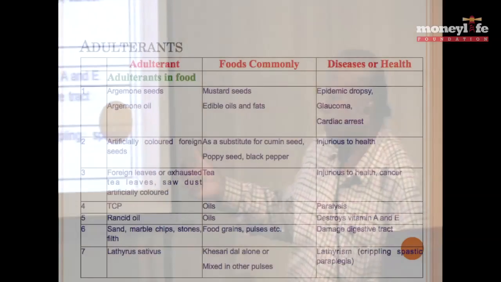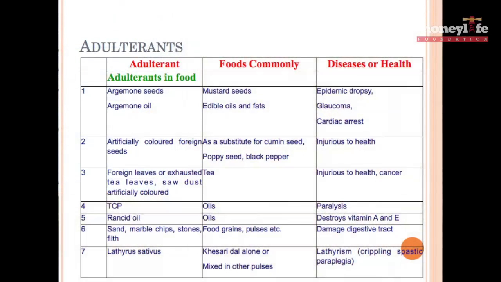You take the dal, boil it for some time, and then remove the upper liquid that comes out, and then use it, so that the dangerous material that is available goes away, and then you don't have this lathyrism, with spastic paraplegia. In fact, this is mixed with so many different types of dals, like even tur dal, chana dal, and all that. So this is something which is prevalent in certain parts of India even today.